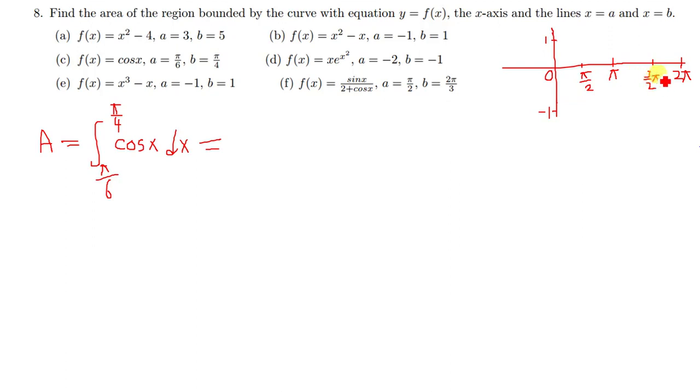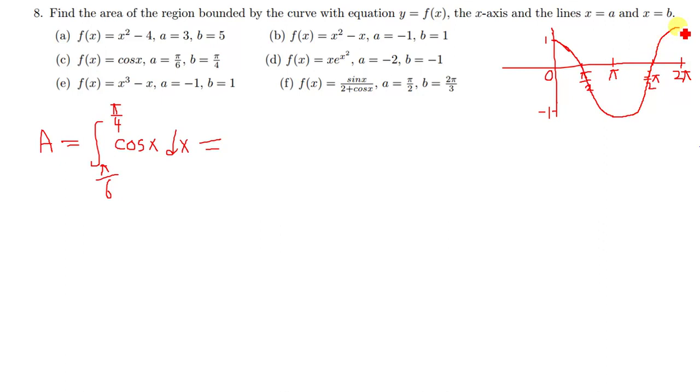So this is what you're going to have. Now it's just a matter of sketching this. Since cos is positive, it's going to start like that. It's going to move like this. Alright, so this is how it's going to be.